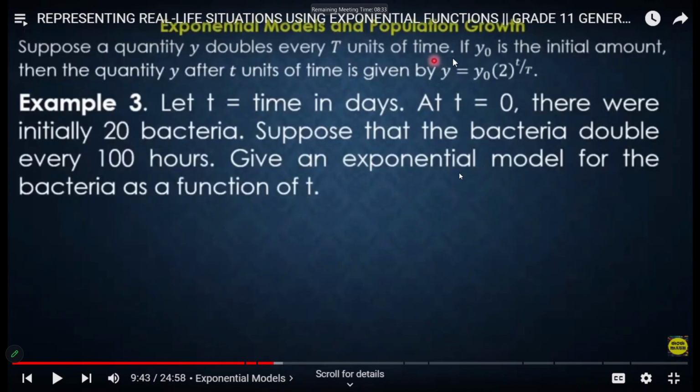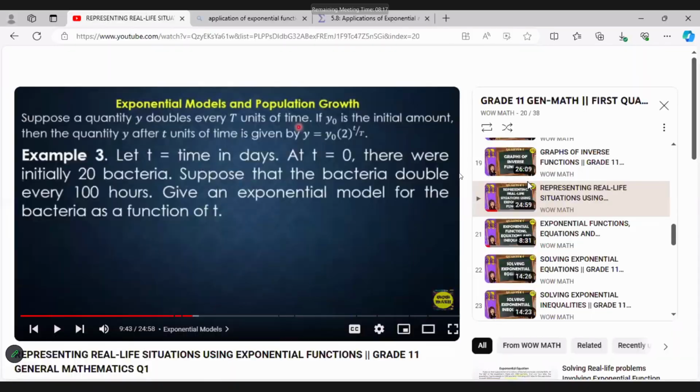This just represents that y sub 0 is the initial population and t is the time. So we're not going to solve that.